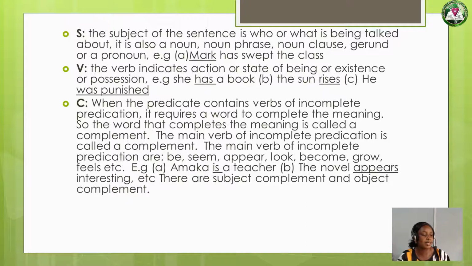Okay, we have examples in subject complements. So we say he looked tired or he appears tired. So you can see tired complements the subject. It tells us about the subject of that sentence. But in object complement, we can say, we elected him our president. What did we elect him as?